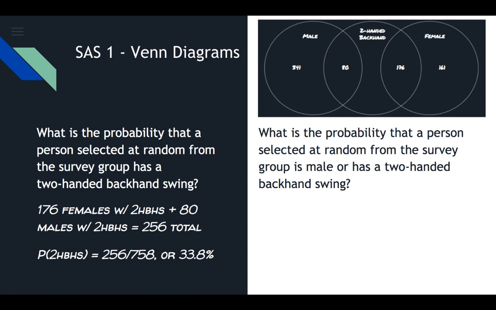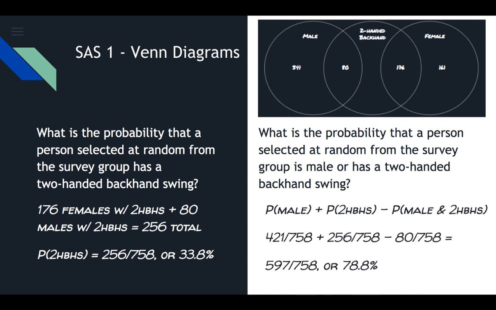All right. What is the probability that a person selected at random from the survey group is male or has a two-handed backhand swing? So male, that's everything in the circle, or has a two-handed backhand swing. So that includes this right here too, because it didn't say male or male with a two-handed backhand swing. So that is 341 plus 80 plus 176 all over the total 758.